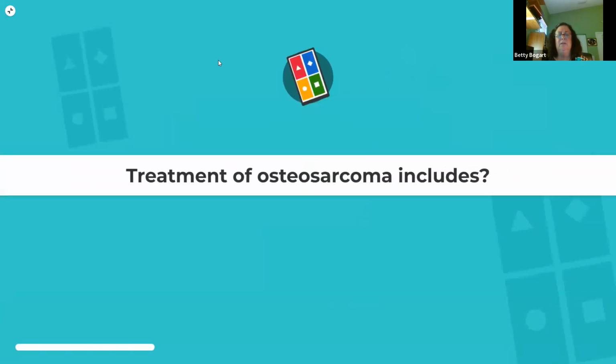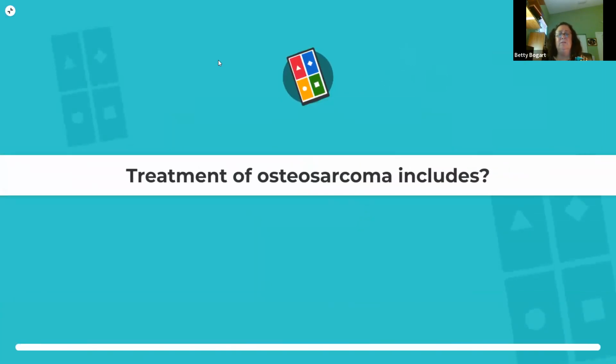Another multi-select. Treatment of an osteosarcoma includes what?